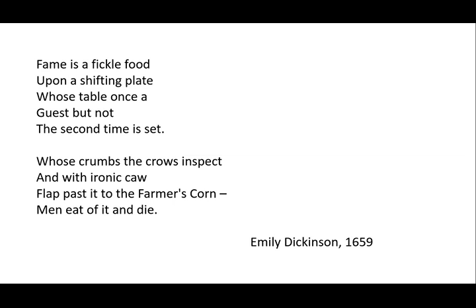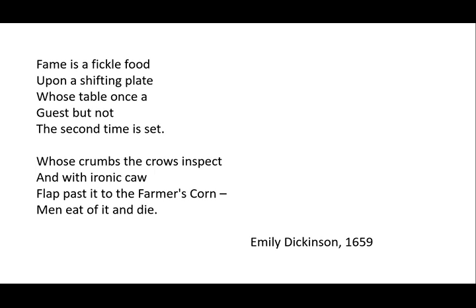Private symbolism is something like this: fame is a fickle food. You don't usually call fame food. In day-to-day situations, you don't really compare food to fame, or vice versa. You have to explain why fame is a fickle food through the medium of the poetry.